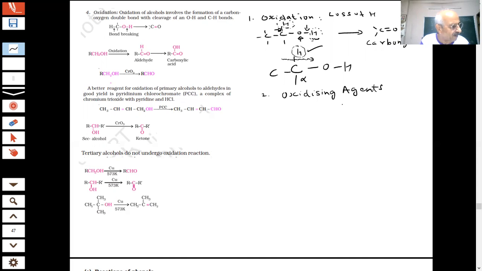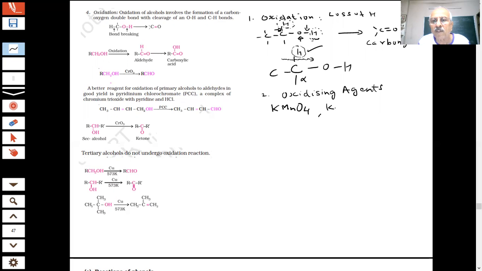And you know what type of oxidizing agents you are using in chemistry. Can you name some of the oxidizing agents which are commonly used? You are aware of the oxidizing agents. You have heard about potassium permanganate, KMnO4.